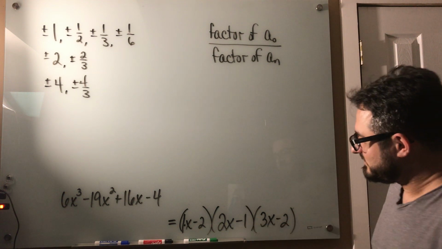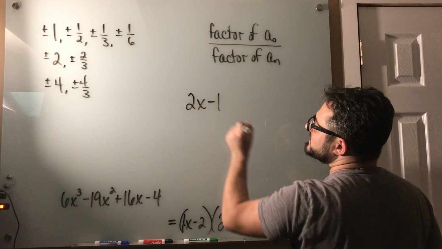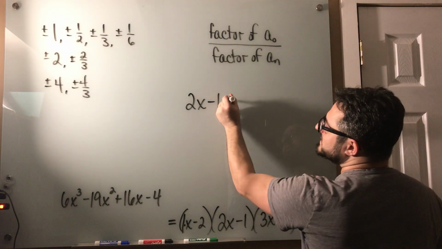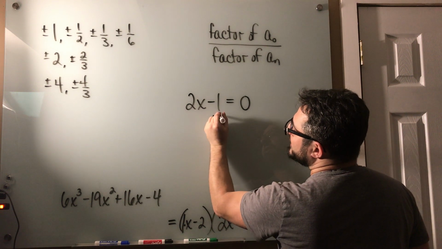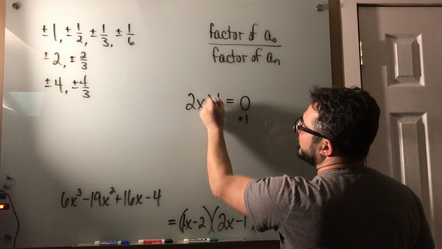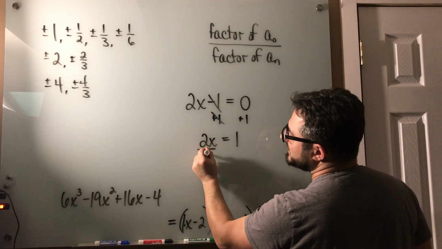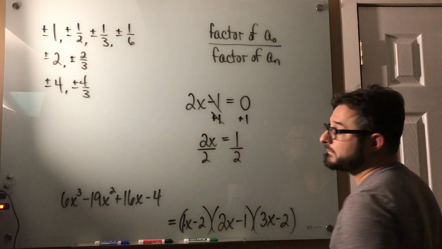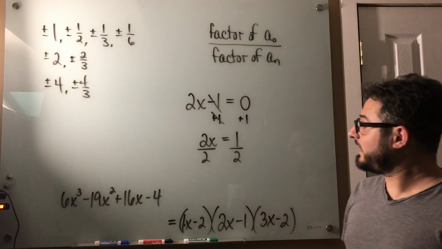Now, check this out. Just as a little quick thing here, 2x minus 1, if I were to set that equal to 0, just bear with me, wouldn't I solve this by adding 1 and then dividing by 2? And there is x equals 1/2.